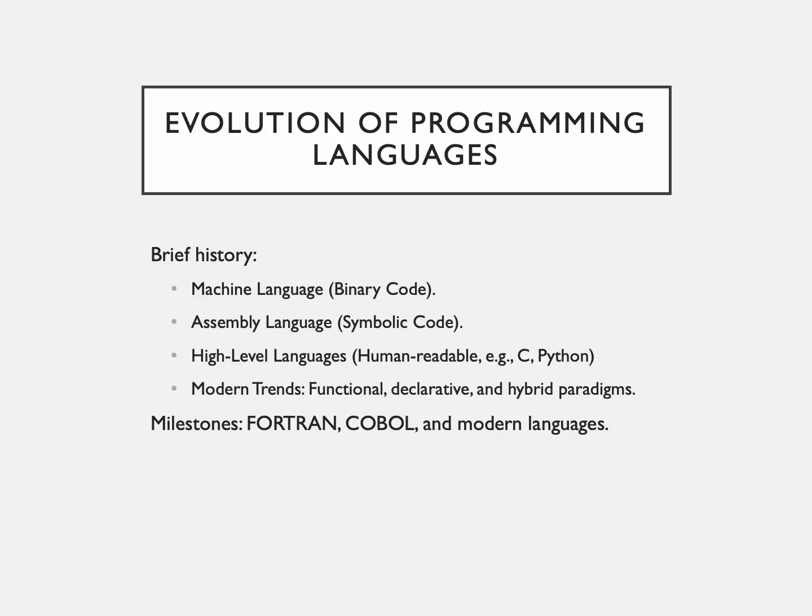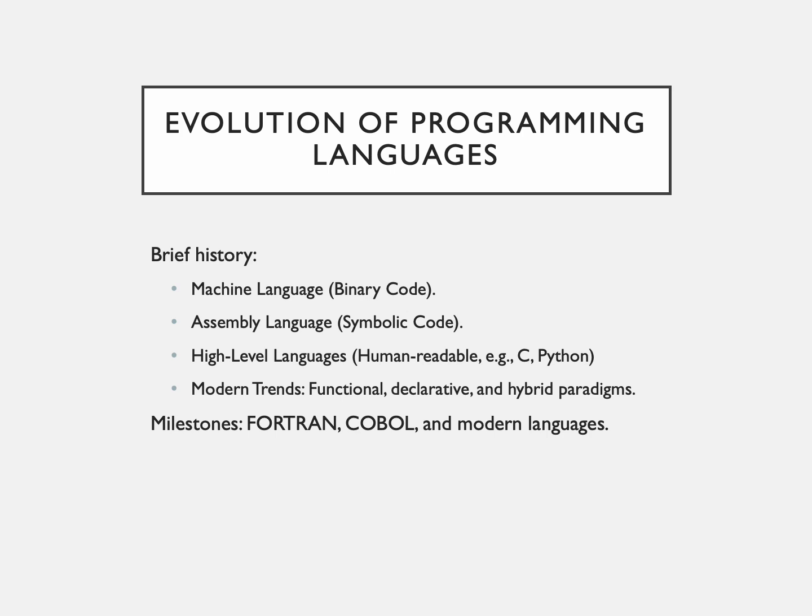Okay, so let's take a closer look at the evolution of programming languages. This journey showcases how we have progressed from simple binary instructions to highly sophisticated and human readable languages that power today's complex applications. First we had machine language, like binary code.